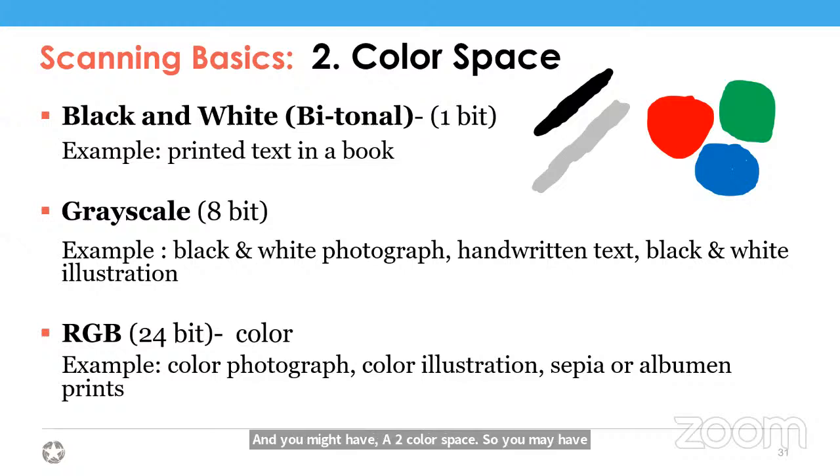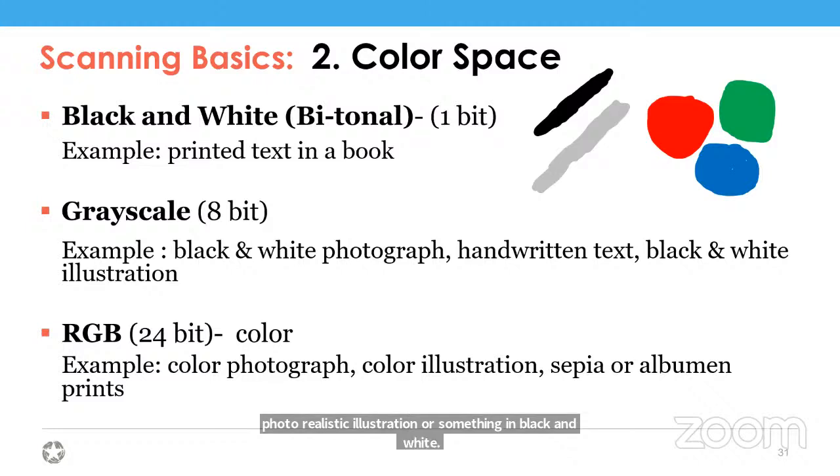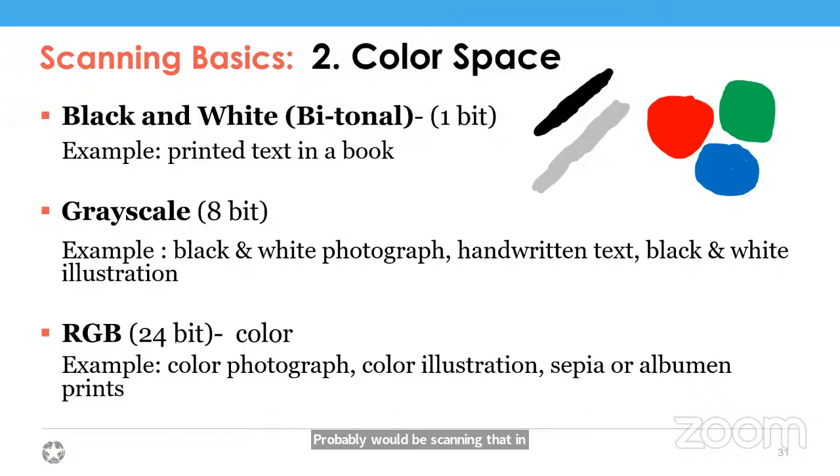So you may have a black and white, maybe it's a typed page, or you might have something that's handwritten text, maybe, or a photo illustration or a photorealistic illustration or something in black and white. You probably would be scanning that in grayscale. Or if it's color, you'd probably be scanning it in RGB for a color photograph or a color illustration or something like that.